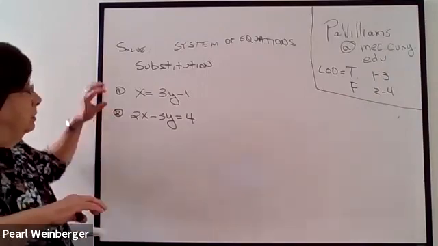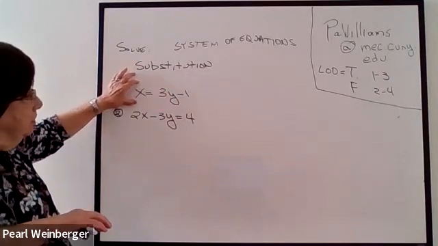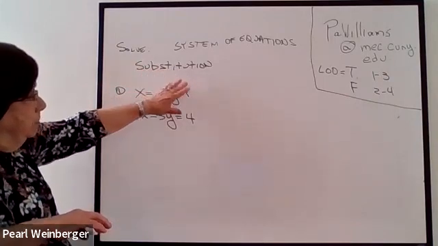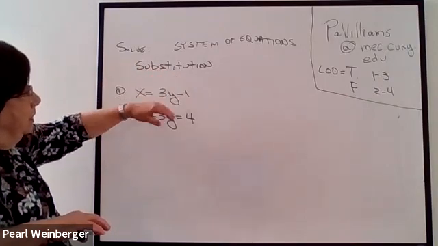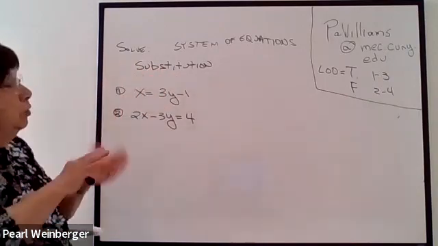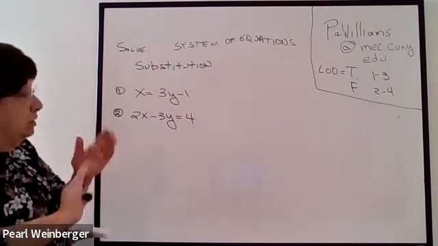I only use the substitution method when I have a situation like this where it says either x equals something or conversely y equals something, where you have the x or the y alone in one of the equations, or it could be in both of the equations, but at least in one of them.